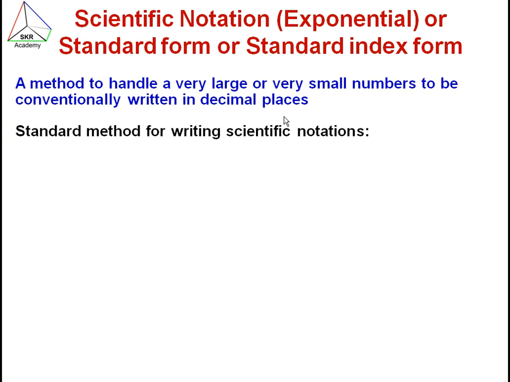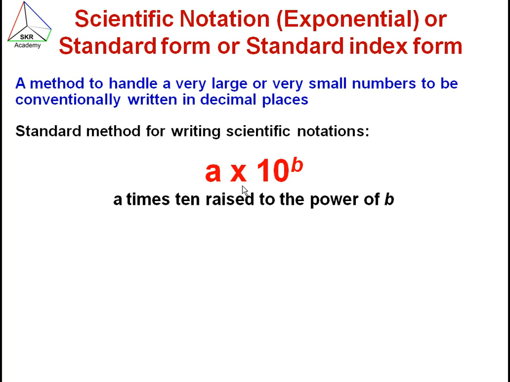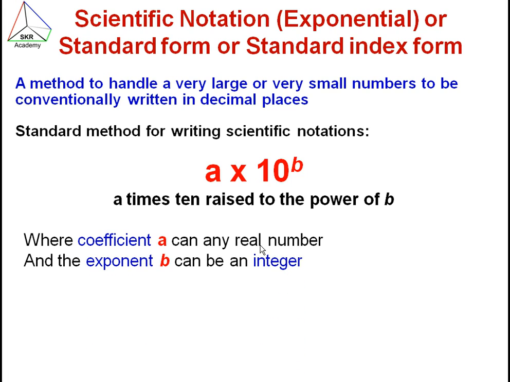There is one standard method for writing scientific notation, a very simple formula: a times 10 raised to the power of b. We read it this way, where a is a coefficient that can be any real number, and b is an exponent that must be an integer.